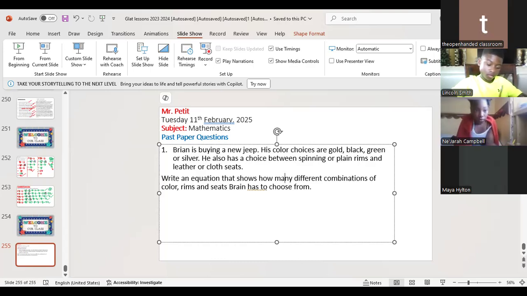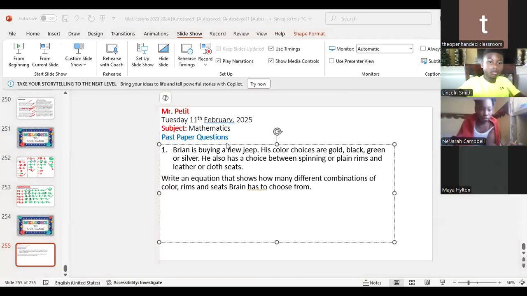Najara, can you read this question for me, please? Brian is buying a new Jeep. His color choices are gold, black, green, or silver. He also has a choice between spinning or plain rims and leather or cloth. Write an equation that shows how many different combinations of color, rims, and seats Brian has to choose from.